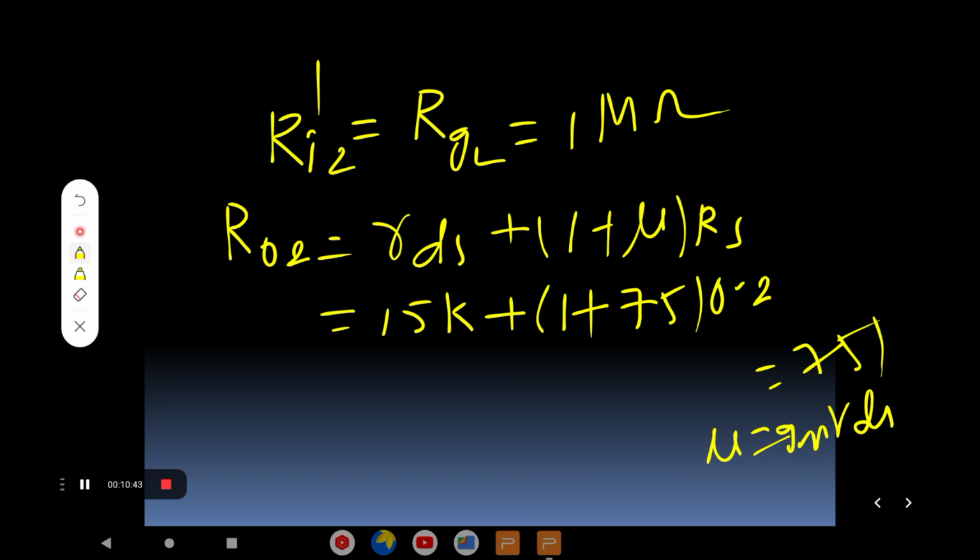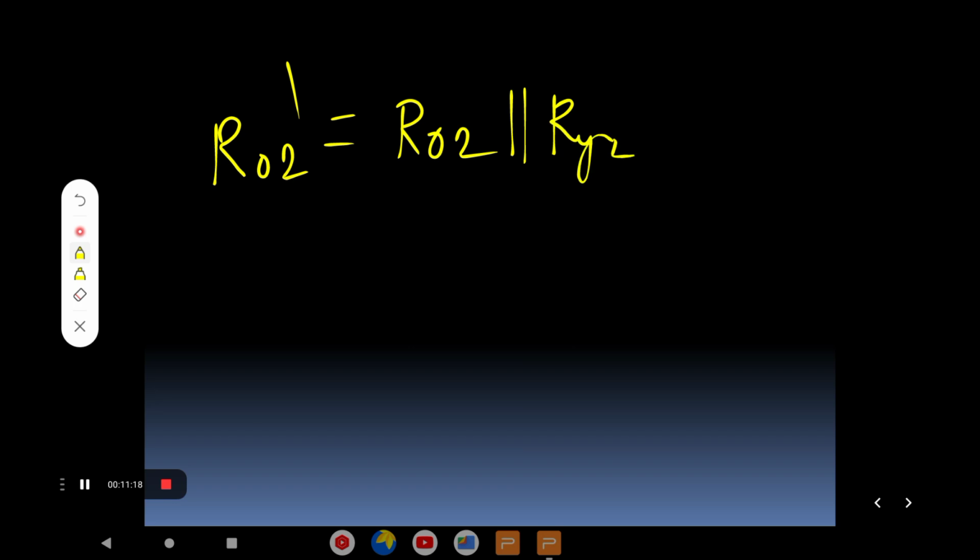Calculating all the values and simplifying, you will get approximately 30.2K, that is 30.2 kilo ohms for RO2, the output resistance of the second transistor. But we need to calculate RO2', the final value. So RO2' is equal to RO2 in parallel with RL2, and RO2 is obviously 30.2K.